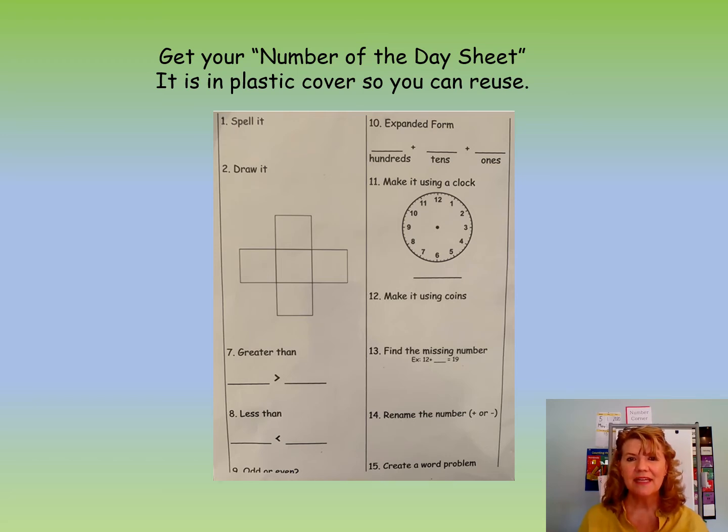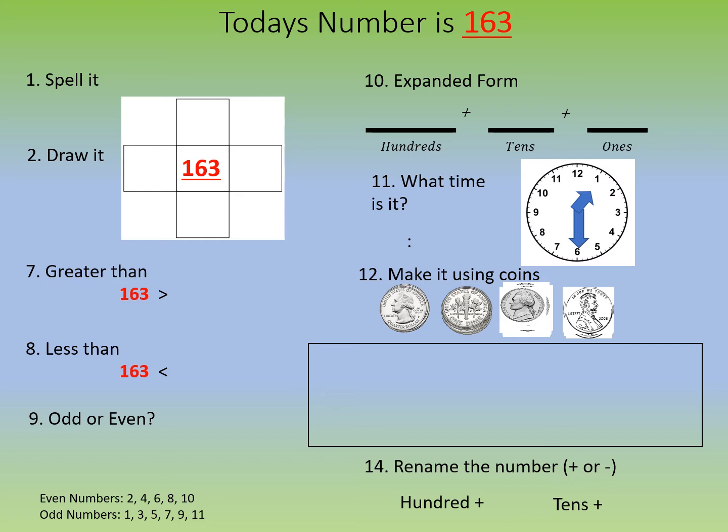Get your number of the day sheet out. It's in the plastic cover so you can reuse it. Make sure it's clean, and you'll need a marker to write with. Today's number is 163.